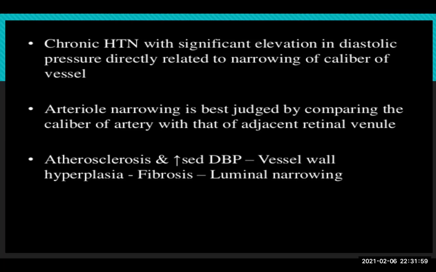Atherosclerosis and elevated diastolic blood pressure cause vessel wall hyperplasia, also fibrosis and luminal narrowing. So atherosclerosis is related to the narrowing because it decreases the lumen of the blood vessel, so increasing the resistance and in turn increasing the diastolic blood pressure.